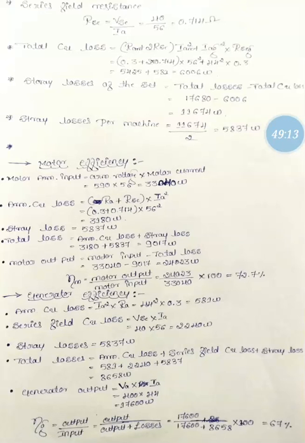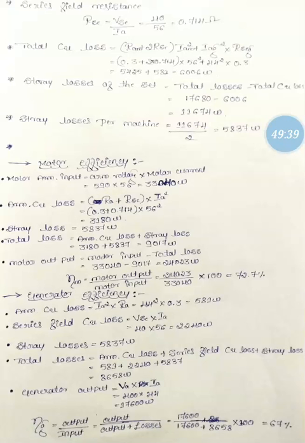Then we get the generator output as 17,600 watt. Finally we can calculate the generator efficiency as the output power to the input power, where the input power can be written as the sum of output power and losses. Then finally we get the generator efficiency as 67%.